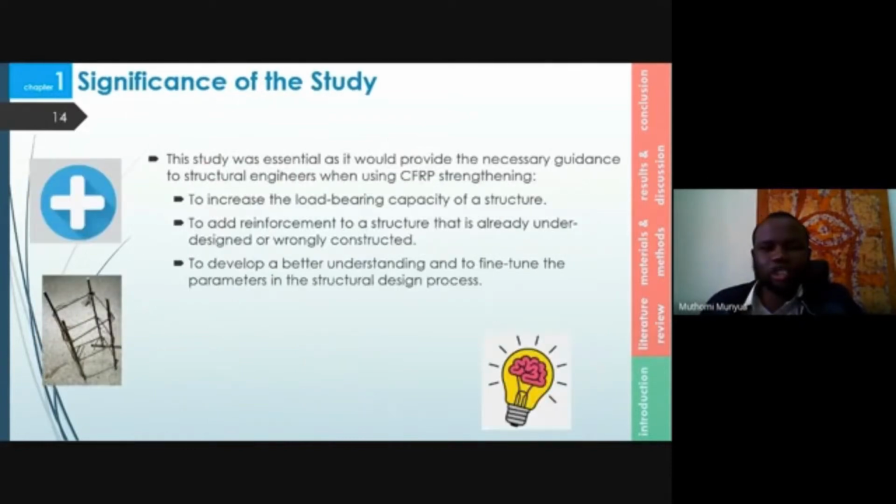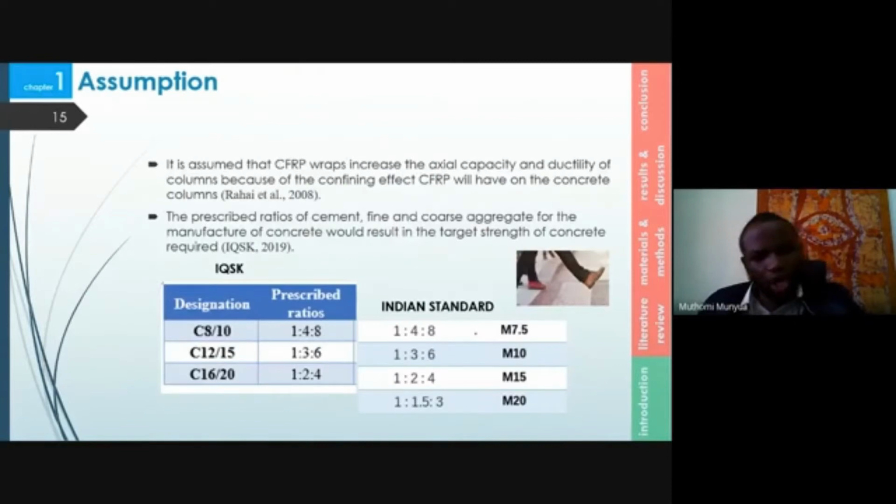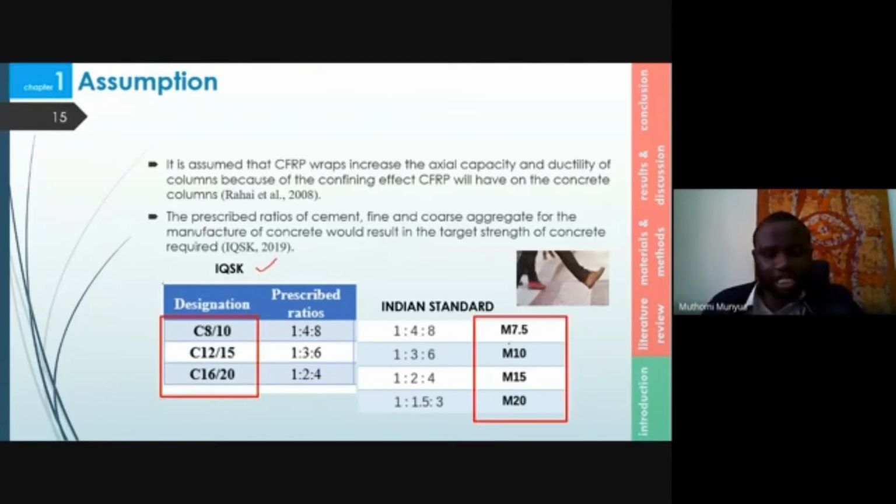This study is essential as it will provide necessary guidance to increase the load-bearing capacity of structures, to reinforce buildings wrongly constructed, and to fine-tune the parameters used in the structural design process. One assumption made was the use of prescribed ratios proposed in the IQSK manual, although there's a slight difference with the Indian standard, since its prescribed ratios are a step lower than what we have in Kenya to achieve the same target strength.